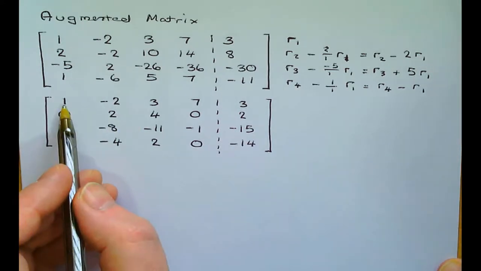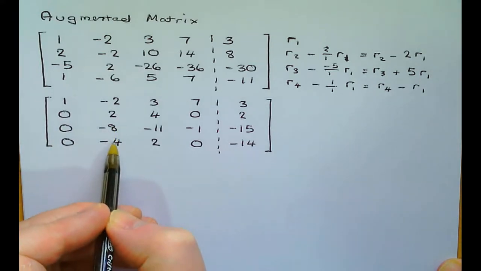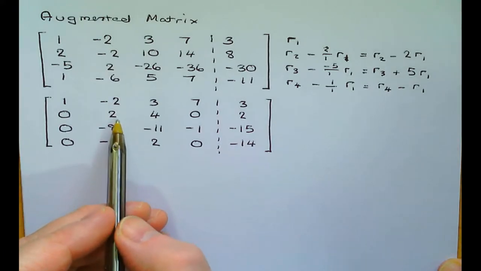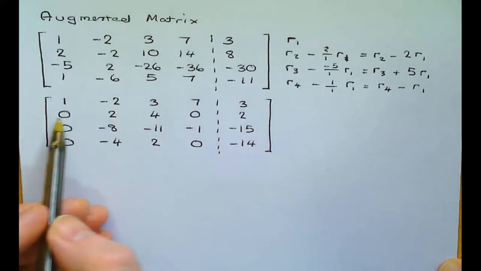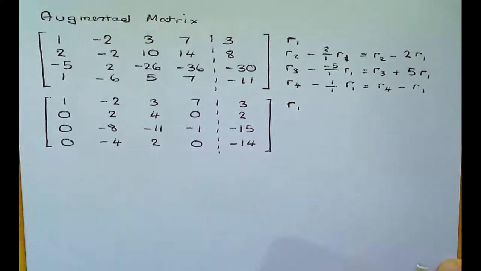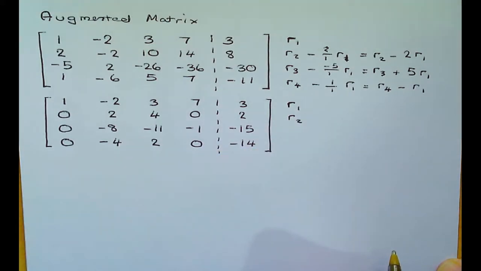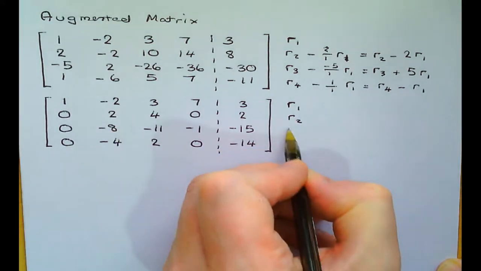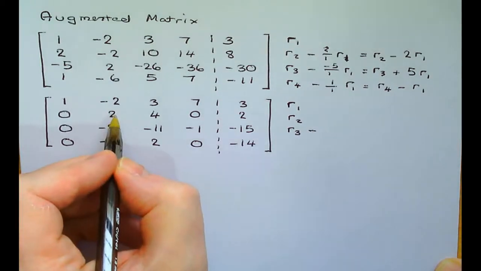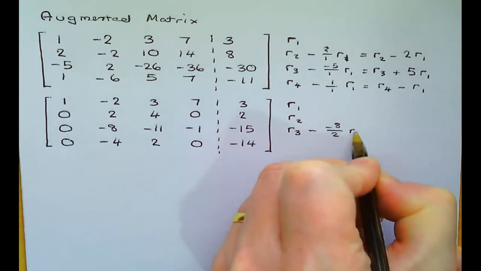Instead, what we do now is we try to create a 0 here and a 0 here. And we do that in the second stage by subtracting off multiples of row 2. So row 1 stays the same, row 2 stays the same. We'll have row 3 minus 8 over 2 times row 2.